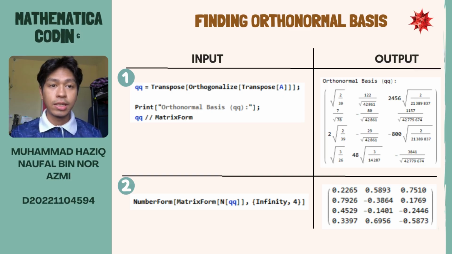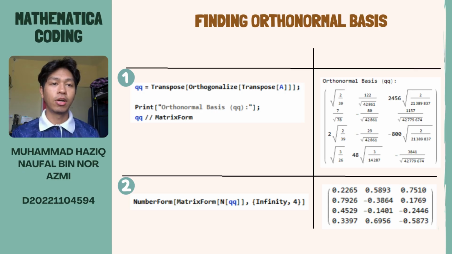Moving on, the critical step in the least square solution is finding the orthonormal basis for the column space of matrix A. Mathematically, this is often associated with the Gram-Schmidt process to obtain the matrix Q. Here we define the matrix QQ, and you will notice the syntax is Transpose[Orthogonalize[Transpose[A]]]. Why do we need to transpose twice?